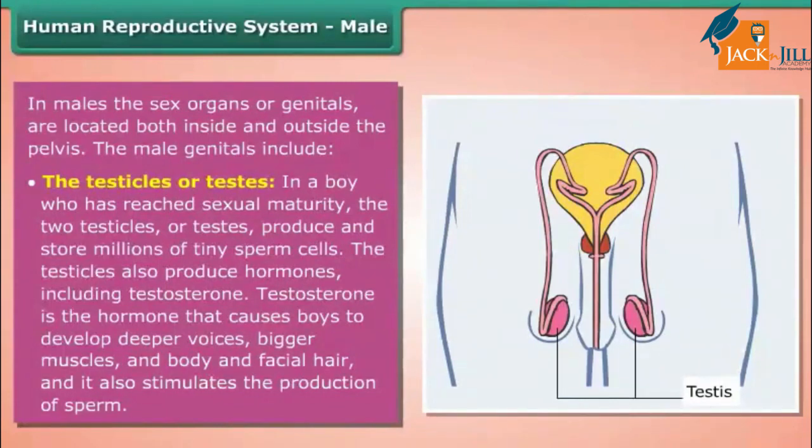The testicles also produce hormones, including testosterone. Testosterone is that hormone that causes boys to develop deeper voices, bigger muscles, and body and facial hair, and it also stimulates the production of sperm.